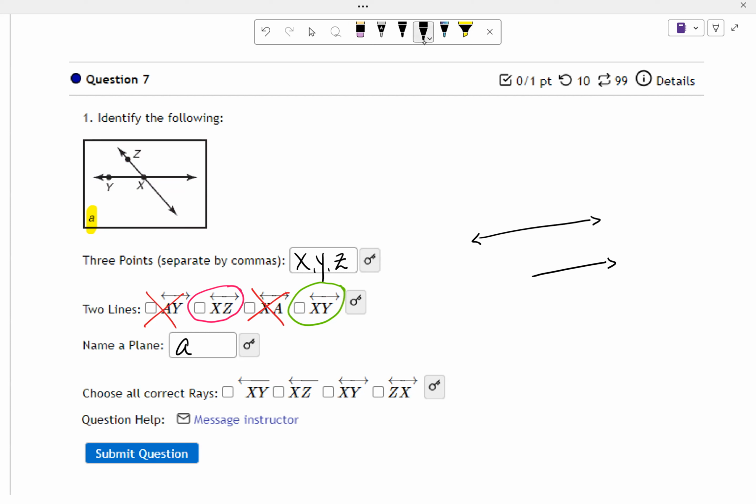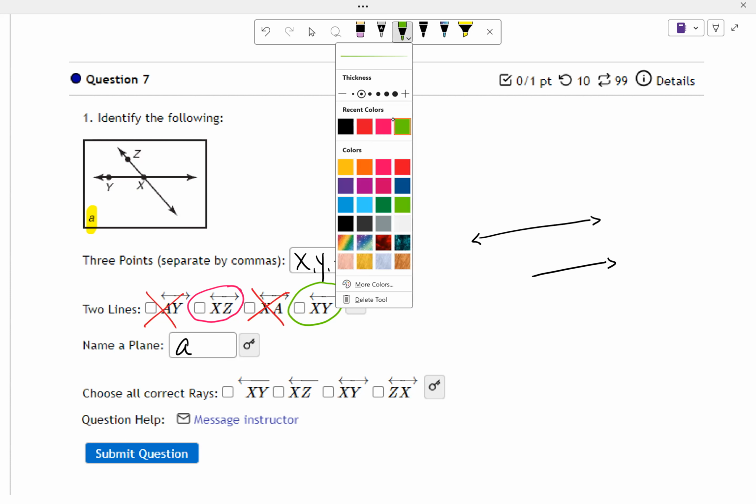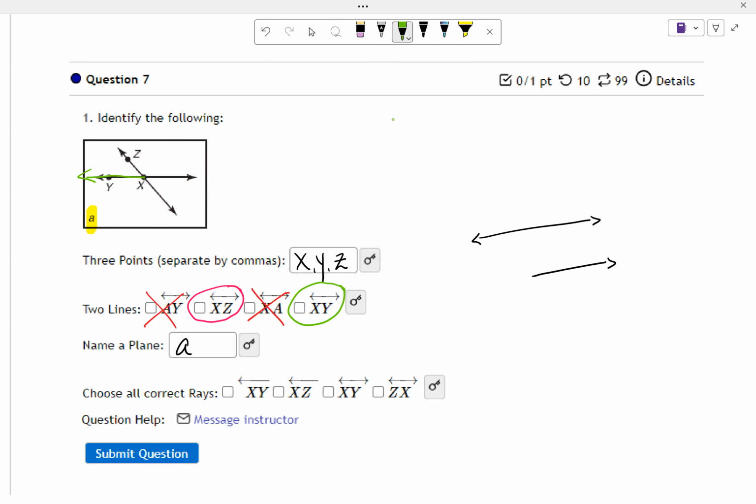All right. So ray X to Y. If I start at point X and I go to point Y, that is definitely a possibility.